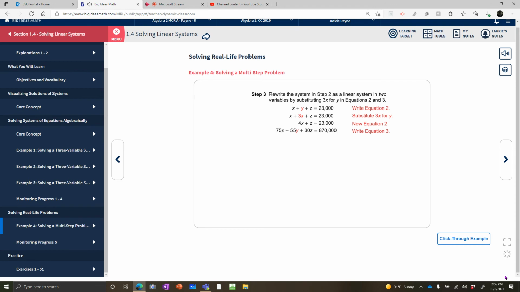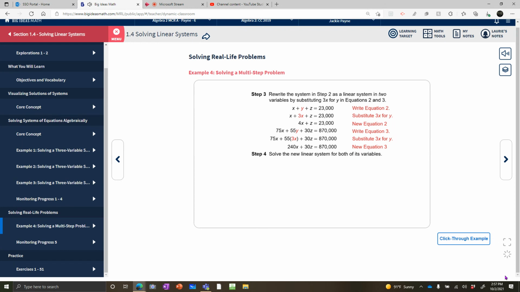Then write equation 3: 75x plus 55y plus 30z equals 870,000. Substitute 3x for y to get 75x plus 55 times 3x plus 30z equals 870,000. Simplify to get 240x plus 30z equals 870,000. You can call that new equation 3.